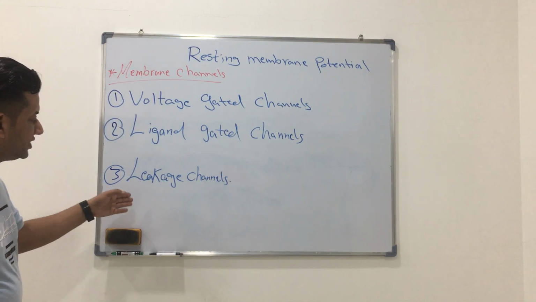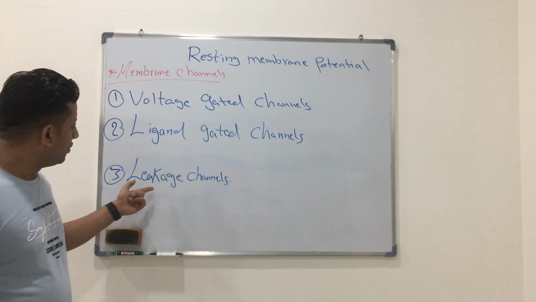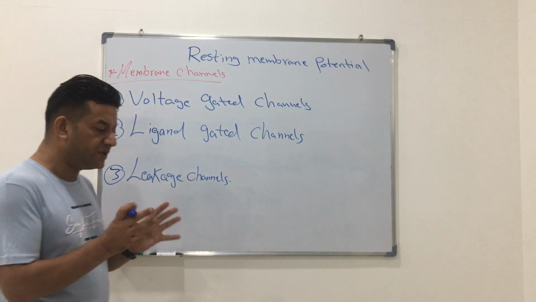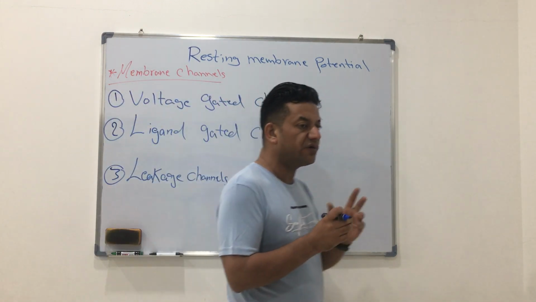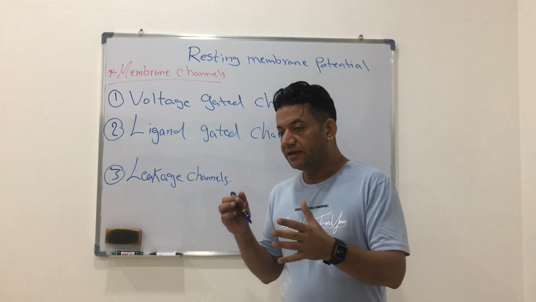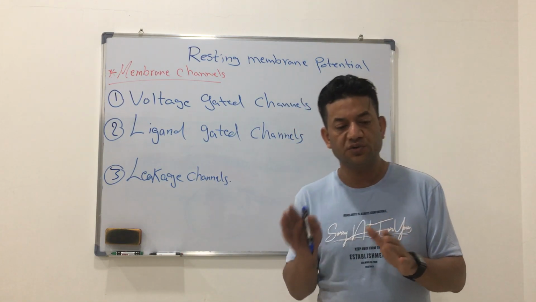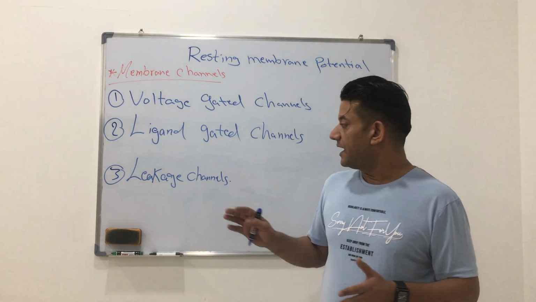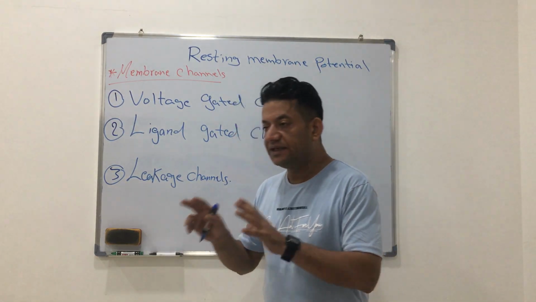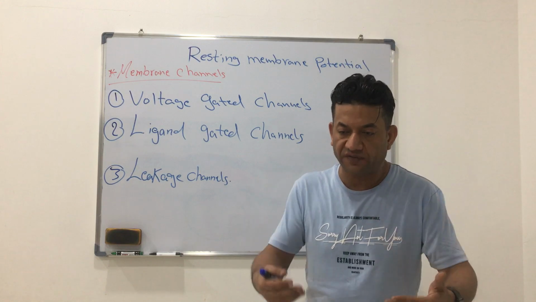From the name of this type of channels, we see that the opening and the closure of this type of channels depend on difference in concentration of ions on two sides of the cell membrane. And it is called leakage because when they are open, there will be leak of ions.